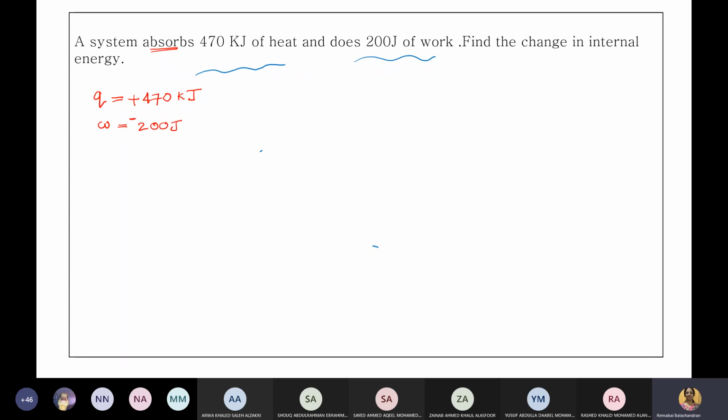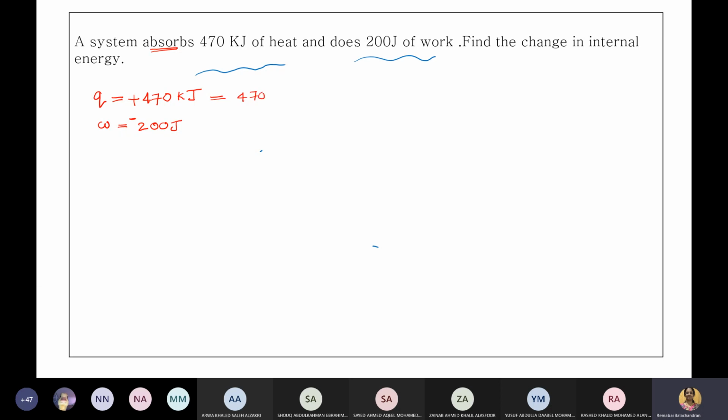Now what's our formula? But one of them is in kilojoule, the other one is in joule. We need to convert, right? Either convert both to kilojoule or both to joule. When you choose multiple choice answers, check what unit is given. If it is in kilojoule, write kilojoule; otherwise write joules. Here I'm going to convert kilojoule to joule.